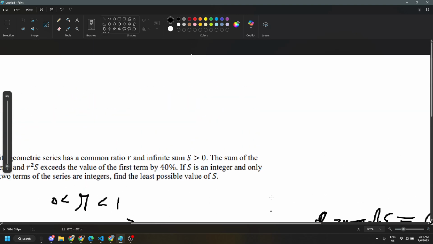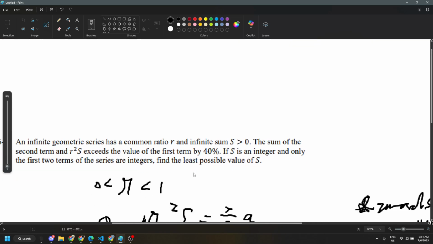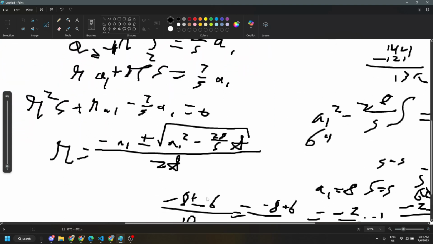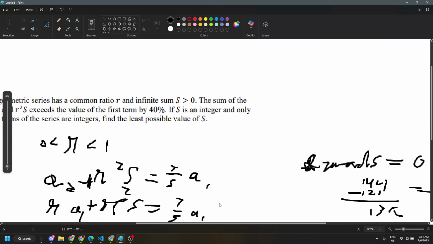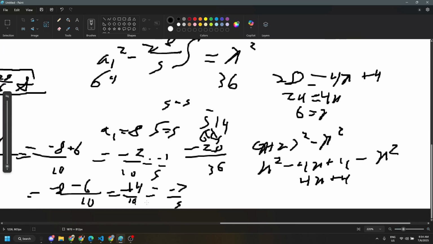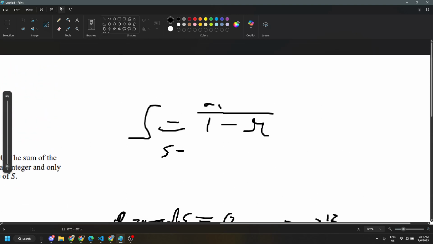Okay. So while I was doing this, that gives us r. Now, I just remembered we could use the formula for s, which is a1 over 1 minus r. So let's check, does this match up?